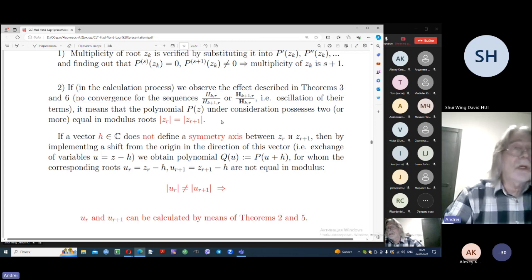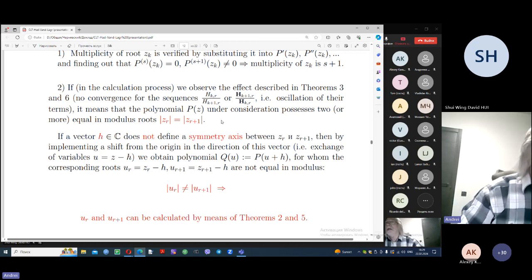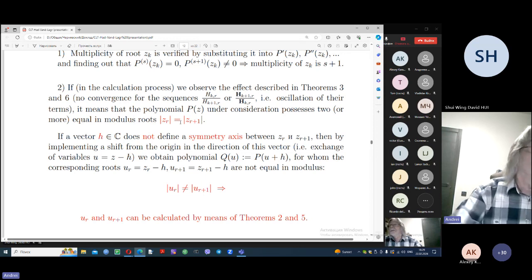I'm not now commenting why; if I have time, I will comment. So once we have a certain oscillation effect in calculating this sequence, then we see that we have at least two roots that are equal in modulus.